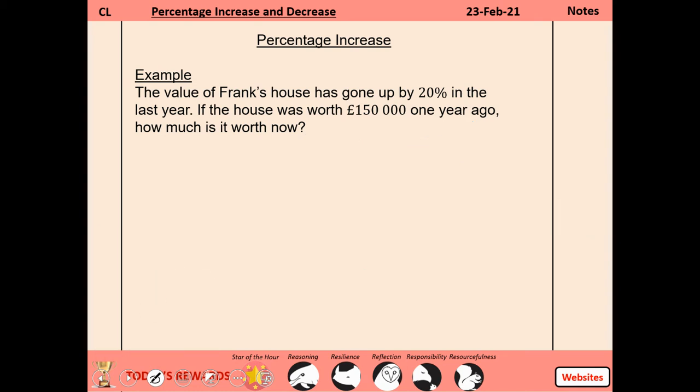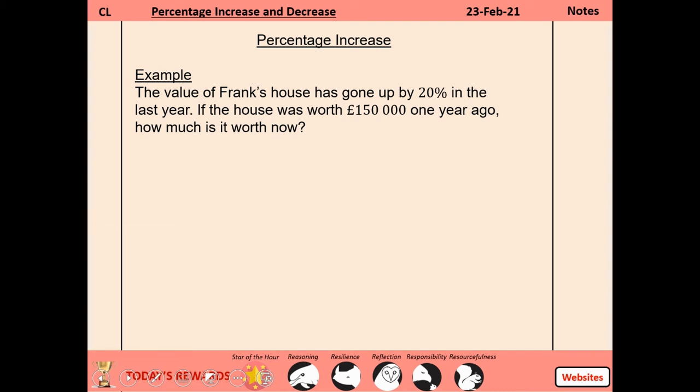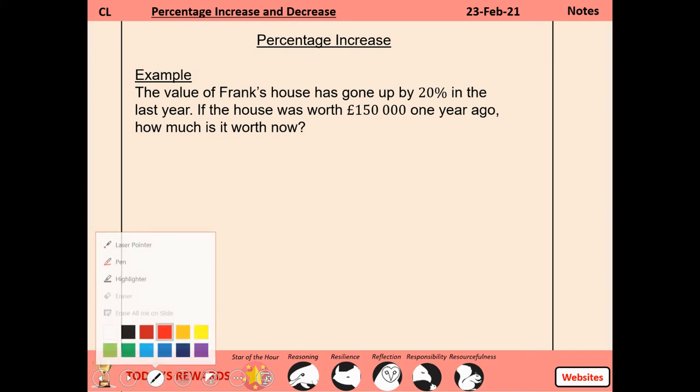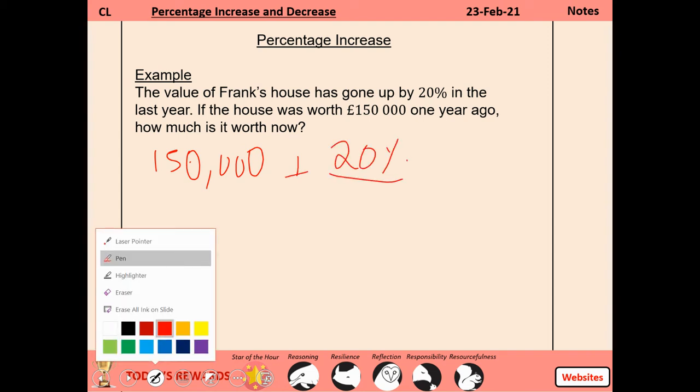Another way of working it out as well is, what we're trying to do is work out 150,000, and then we're adding 20%. Now, what is 20% as a decimal? We've converted it to a fraction before. Can we convert it to a decimal?